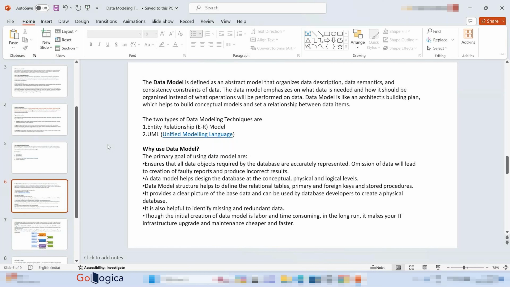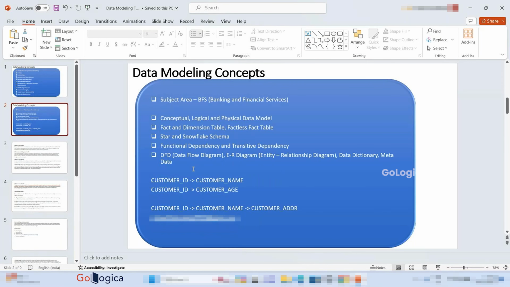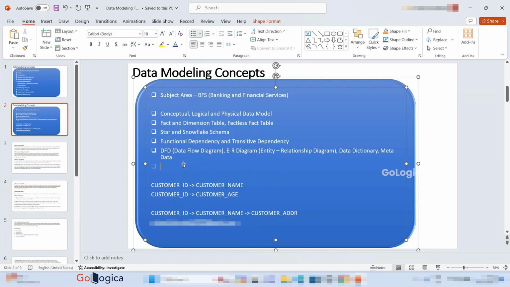So you heard about the SCD? SCD plays an important role while designing your actual database, and all types of SCD.